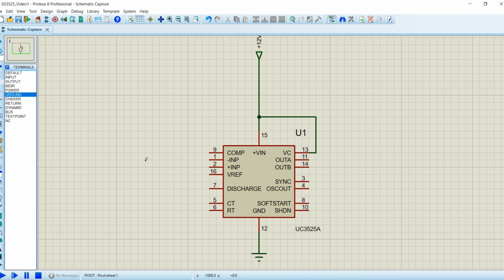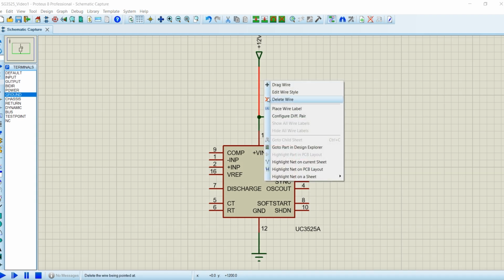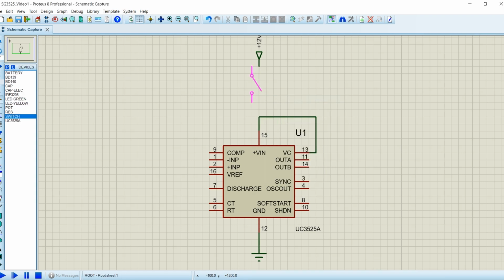Now, add a switch in series with the 12 volt supply so you can turn the circuit on or off during the simulation. Also, you can connect an LED with a series resistor. This is used as a power indicator.